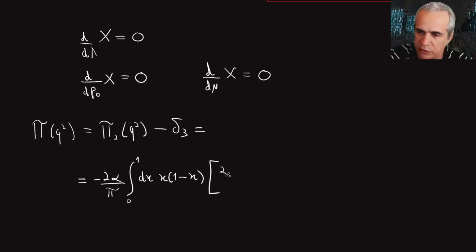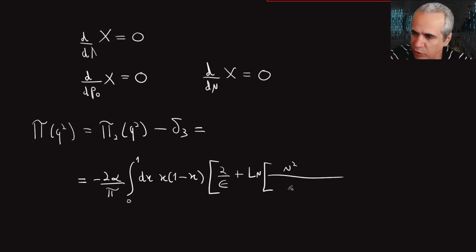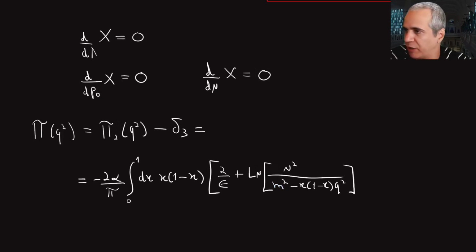This is 2 over epsilon plus log. This is very similar to something we wrote today already, but now I'm not imposing any condition still. So the counter term will still be here explicitly. Let me write the whole thing, q square, plus some numeric constants.